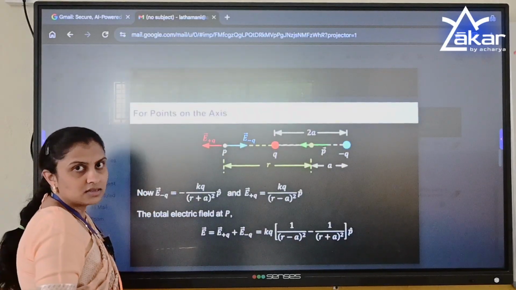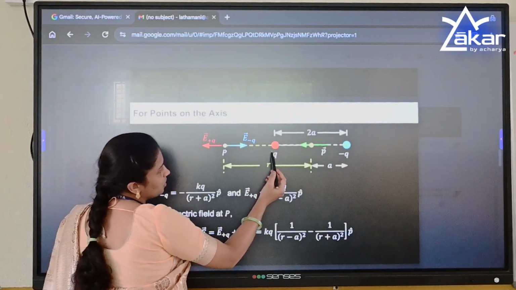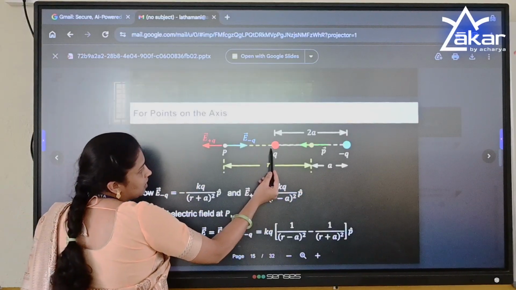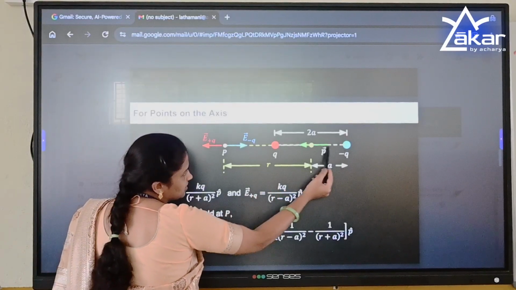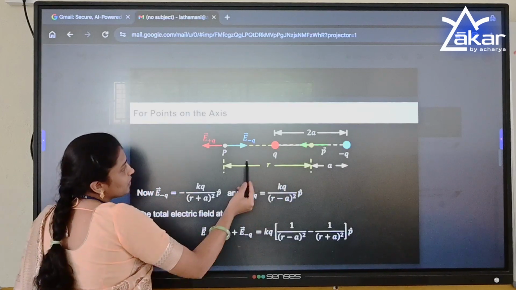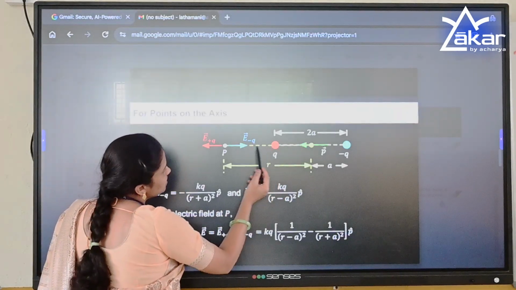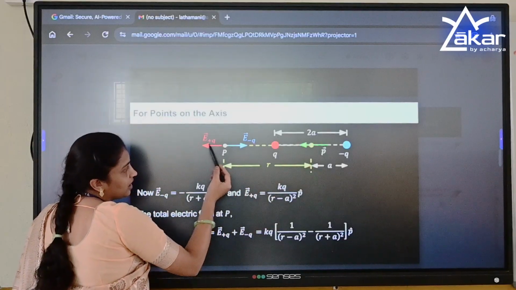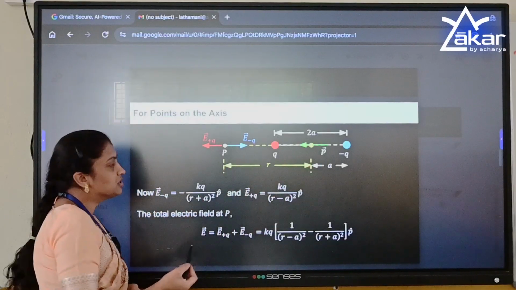You can just look at the diagram. Positive charge, negative charge. If it is positive and negative charge, both can attract. For the negative charge, you can take any test charge.